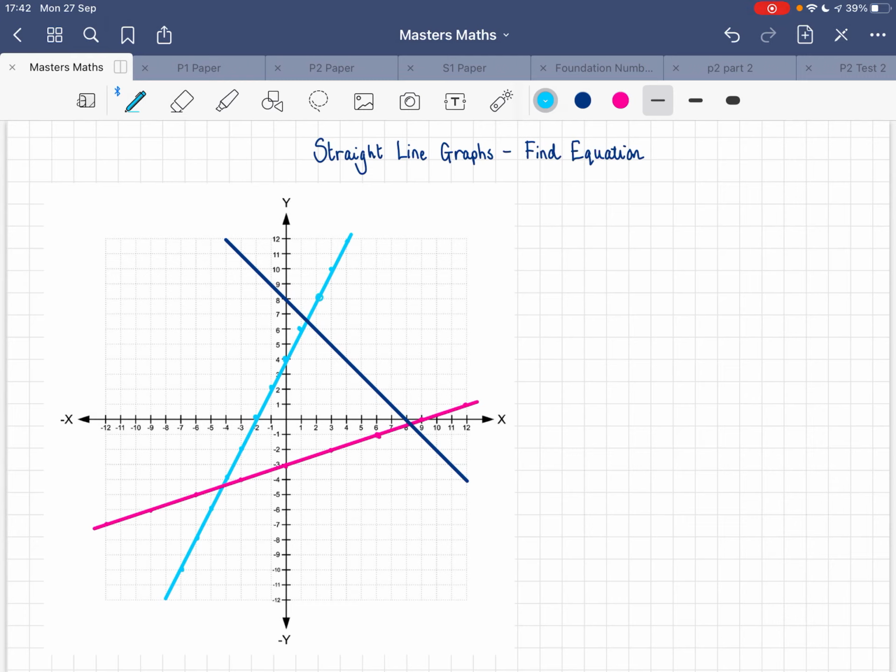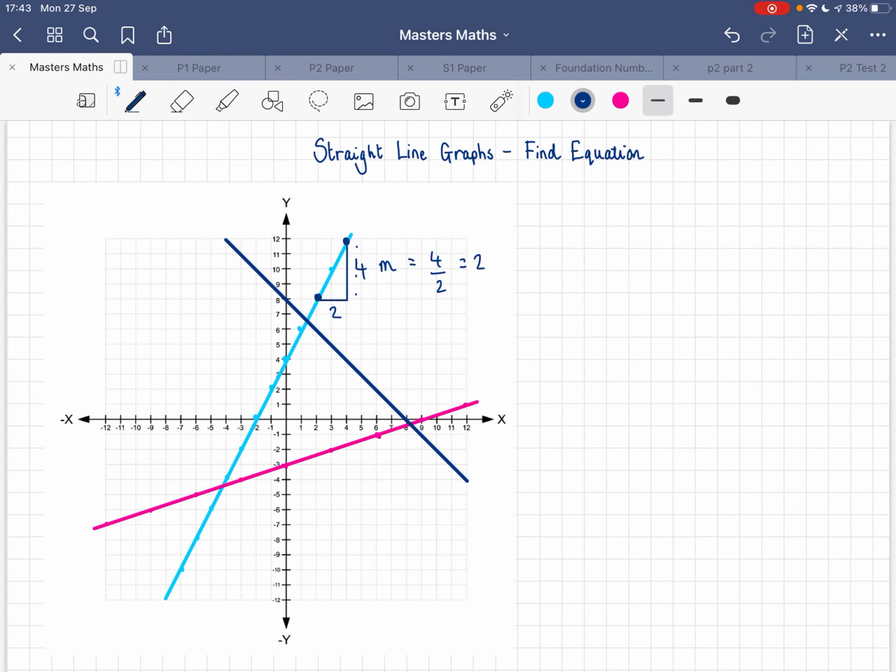I'm going to choose this point and this one. I'm going to draw my triangle on. This one is 1, 2, 3, 4. So 4 on the y, 2 on the x, which means my gradient is 4 divided by 2, which is 2. So now I've got the gradient.